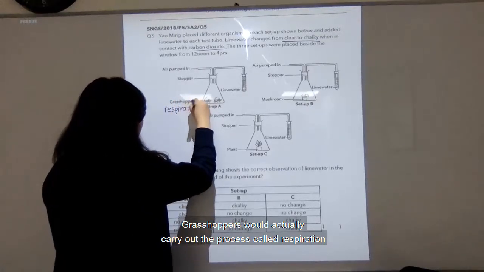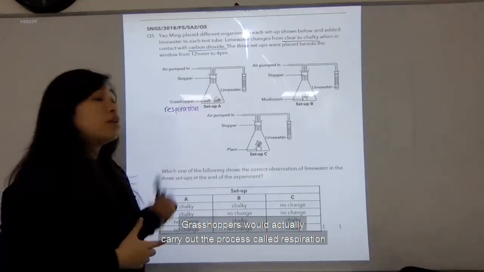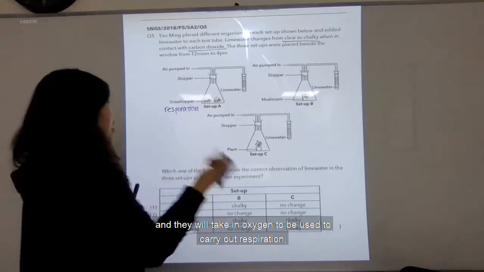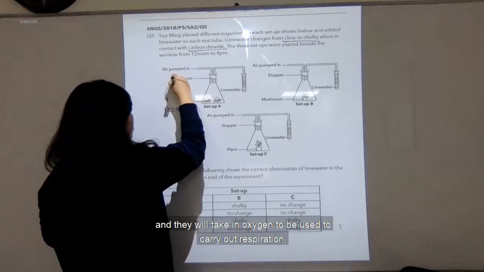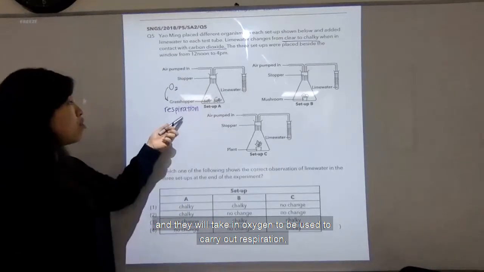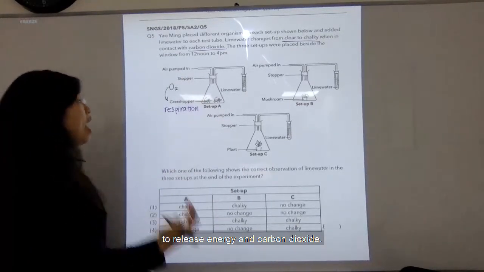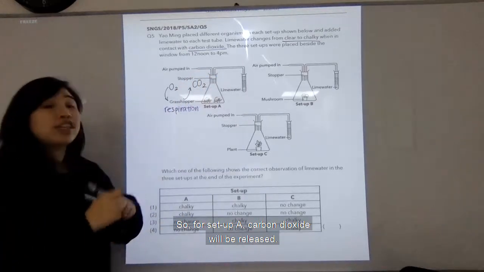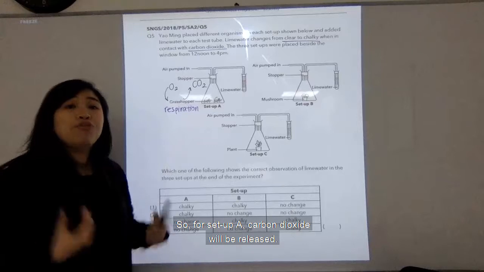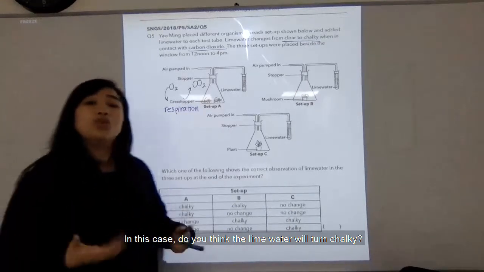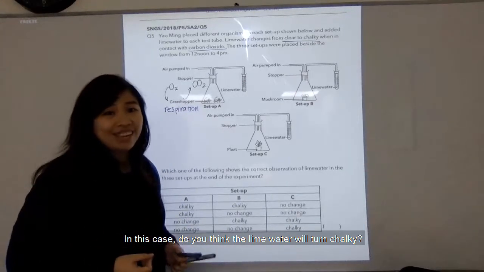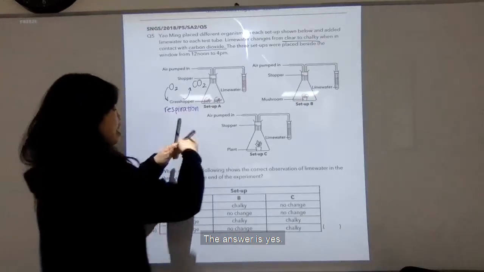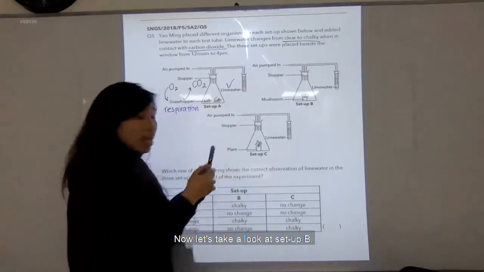Grasshoppers would actually carry out the process called respiration, and they would take in oxygen to be used to carry out respiration to release energy and carbon dioxide. So for setup A, carbon dioxide will be released. In this case, do you think the lime water will turn chalky? The answer is yes.